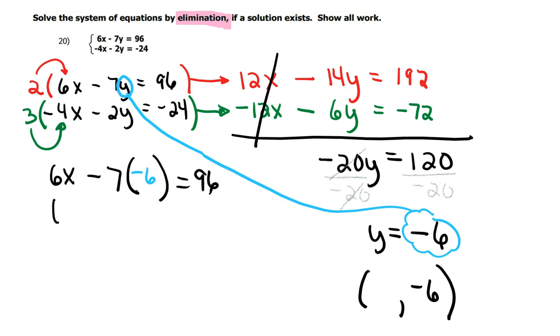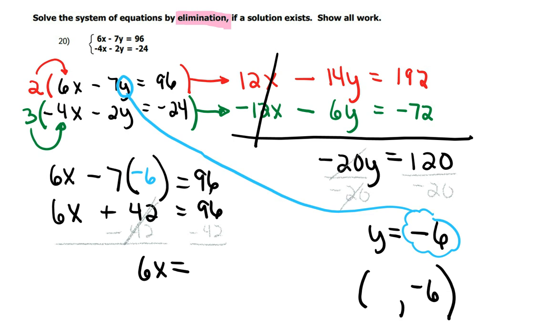Minus 7 times minus 6 makes this a plus 42. Then I would subtract the 42 from both sides. That eliminates here, and I get 6x is equal to 54.